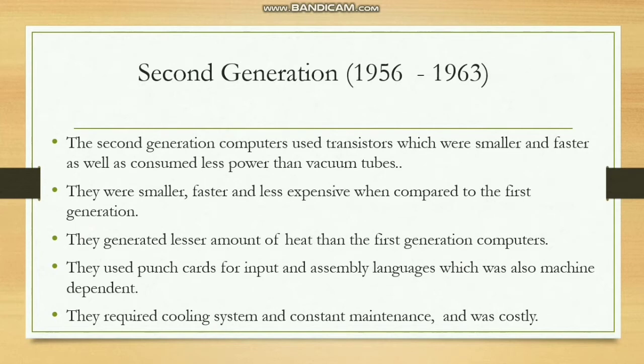They used punch cards for input and assembly languages which was also machine dependent. That means the language which was being used in one computer could not be used in another computer, or the operating system in one computer was not applicable in the another computer.